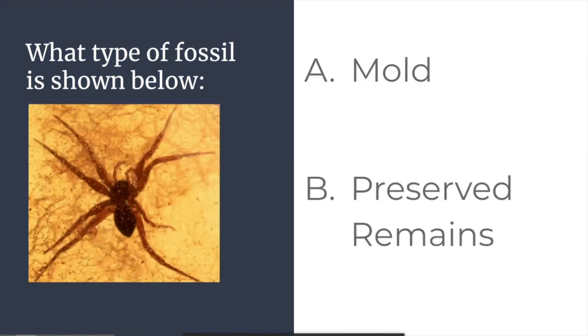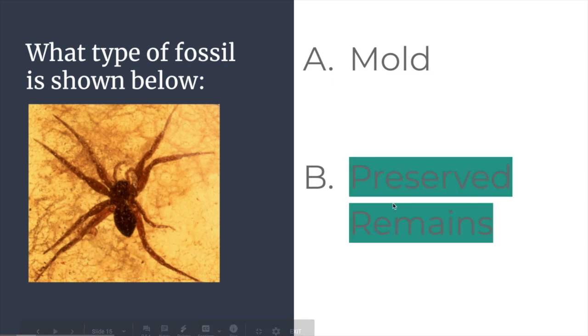Now let's look at another example. I noticed that it is what seems like a spider that was trapped in the same exact moment and hardened and turned into a fossil. Is that a mold or is it a preserved remain?